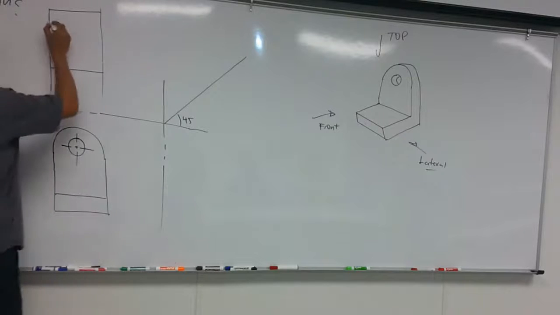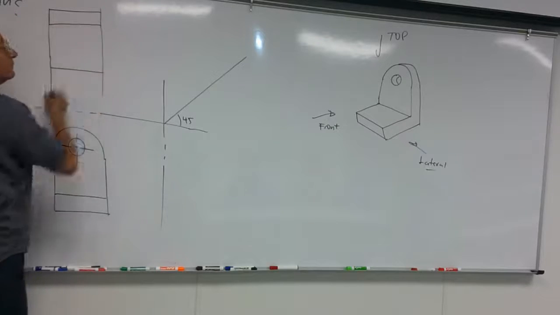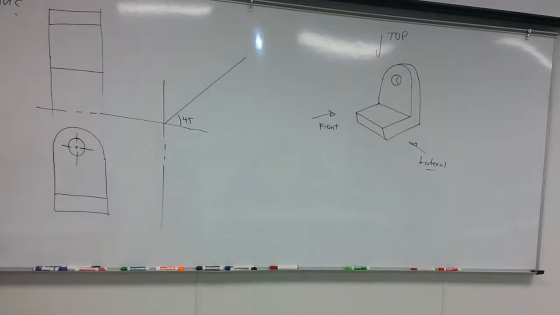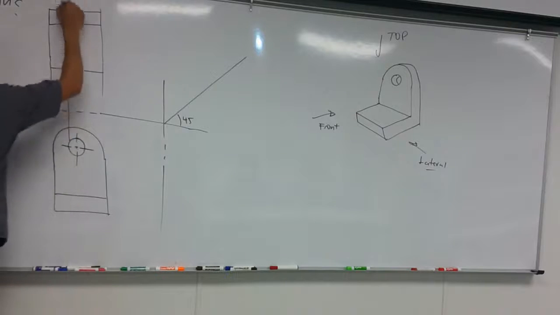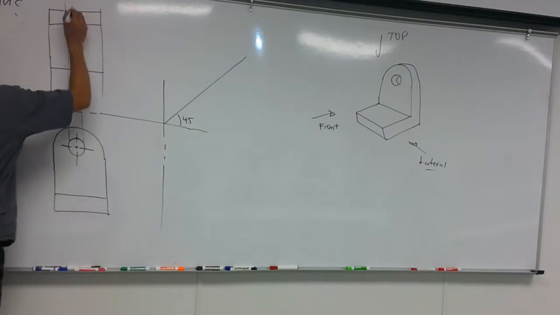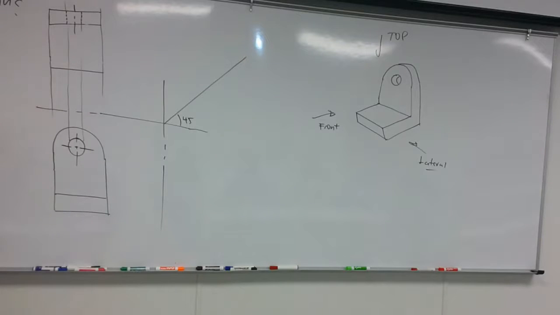It's a rectangle. And what about the hole in the middle? The hole in the middle is invisible with dot lines, no? With a center line indicating that you have a hole over there. You have a drill.